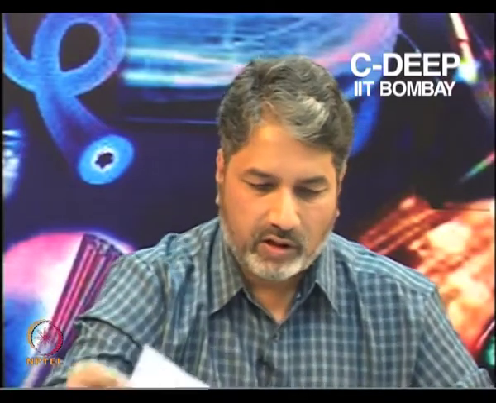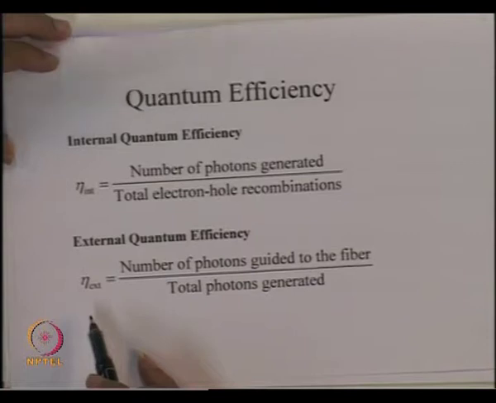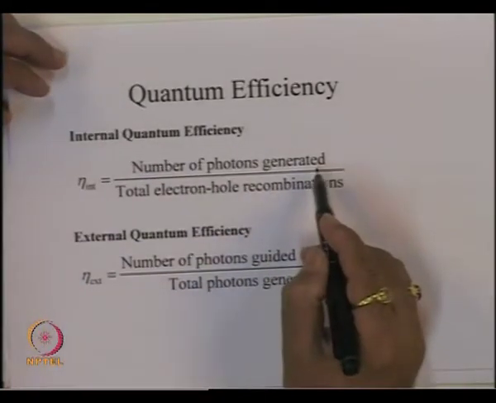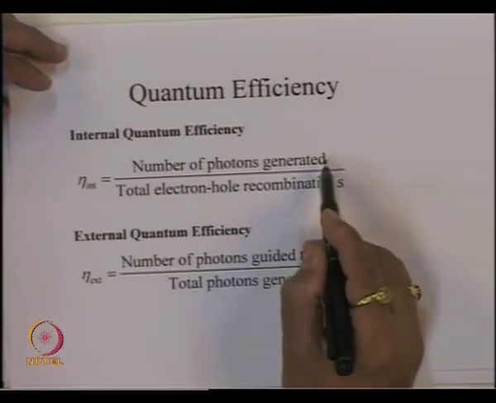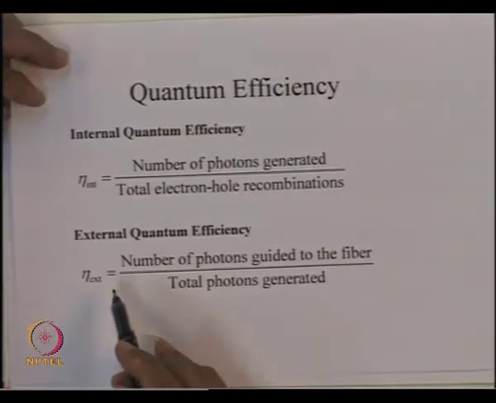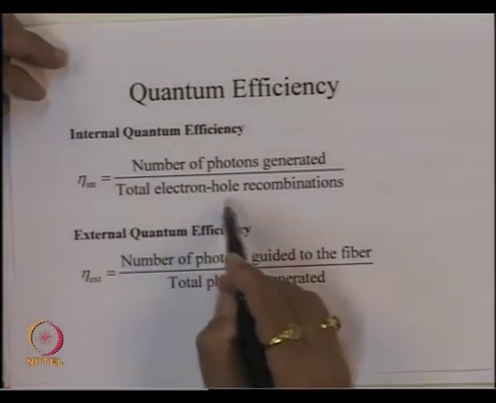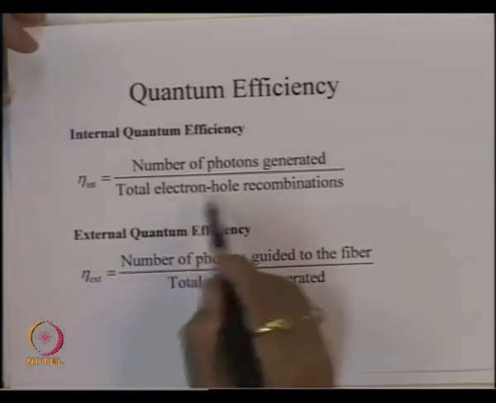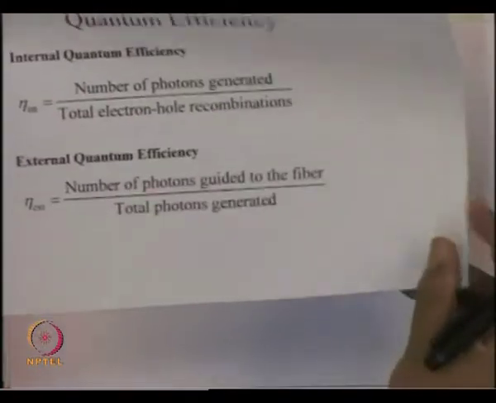Once we get this, I can talk about the internal quantum efficiency, and that we saw is equal to the total number of photons generated. So, this quantity is nothing but the rate of radiative recombination divided by the total electron hole recombination, that is the total rate of recombination.